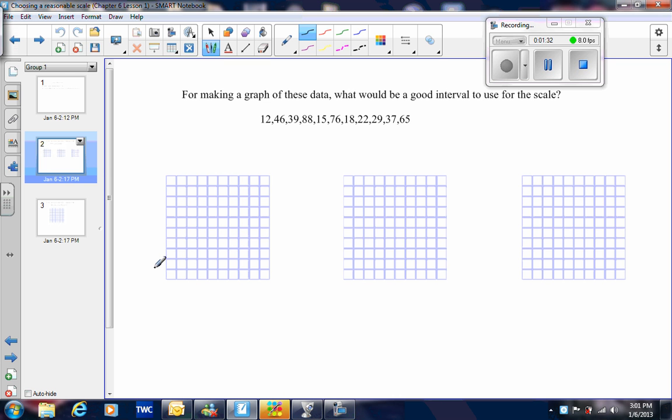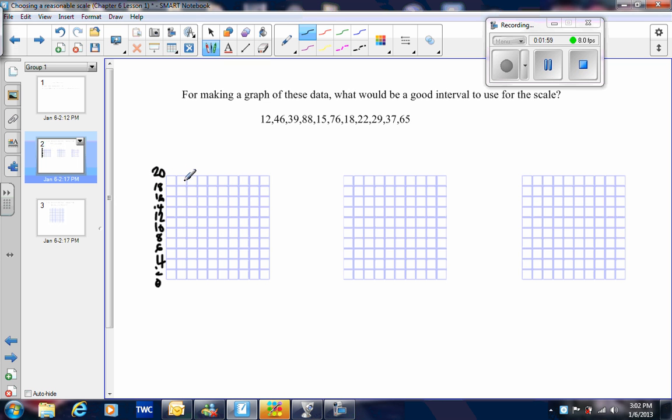If I said I'm going to count by 2, so this is my scale, my interval here is 2. I would end up with 20.